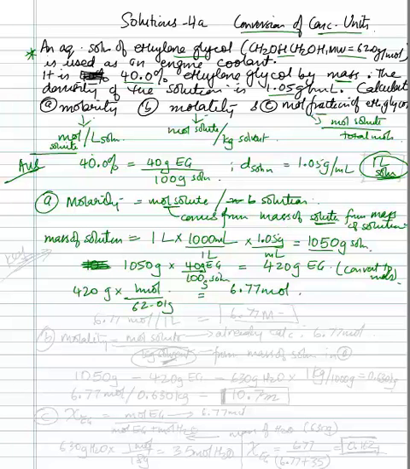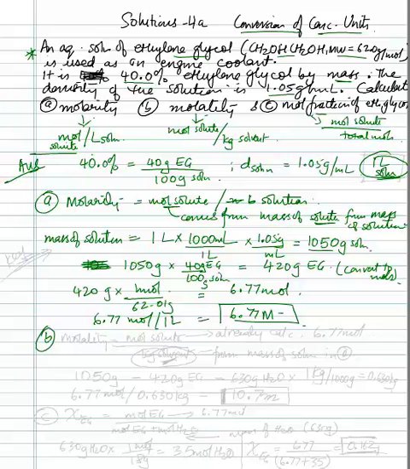You can do the calculation, and molarity is moles divided by liters. So the liters of solution is 1, so 6.77 moles divided by 1 liter is equal to 6.77 molarity. Okay, that's part 1.